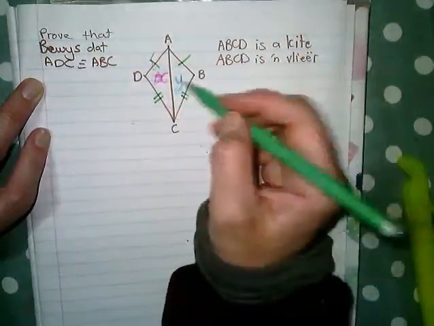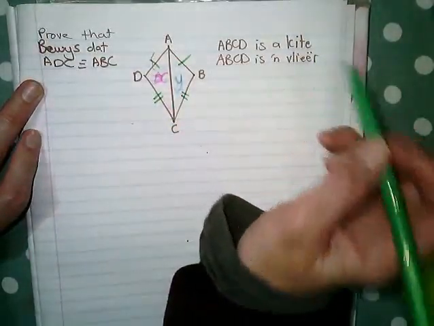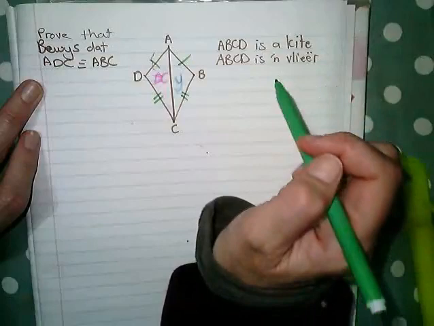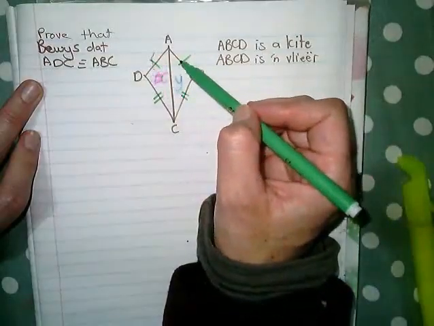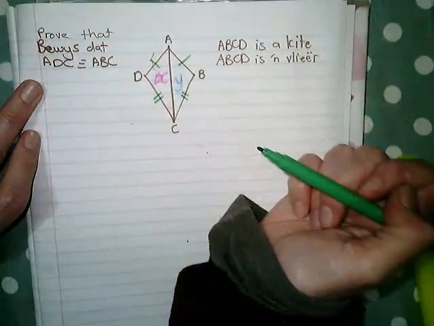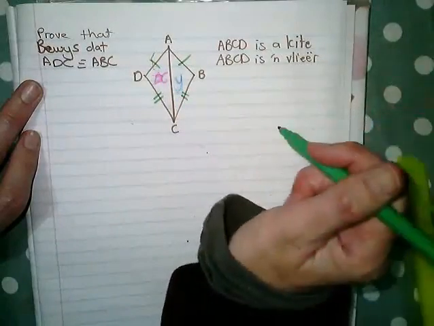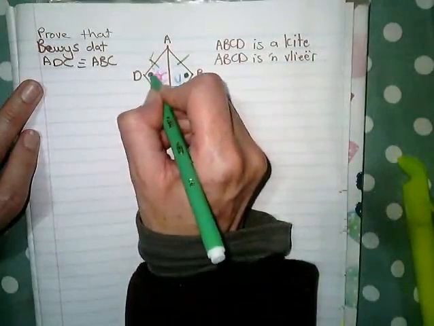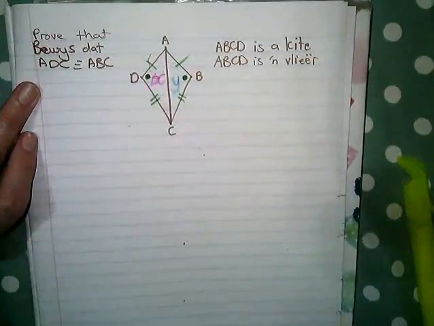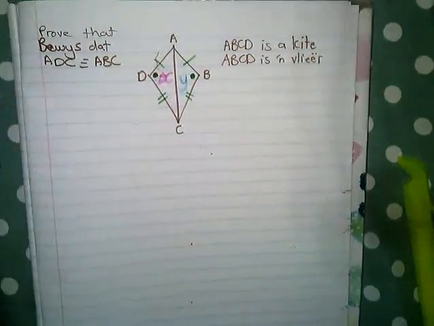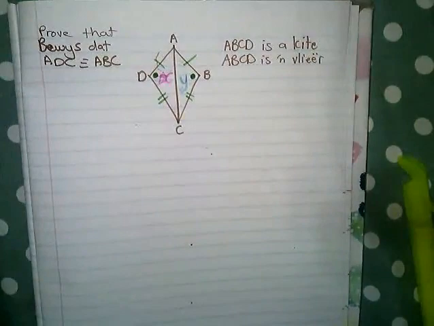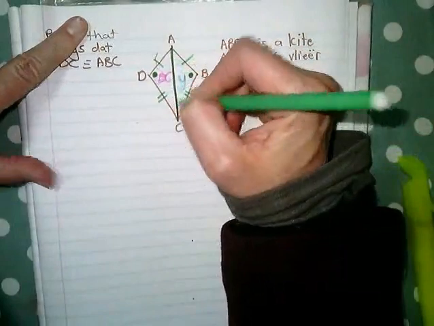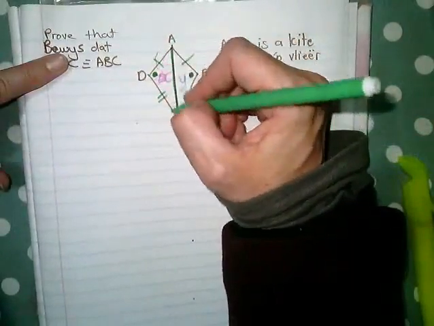Omdat ons weet hier is 'n vleer en ons ken die eienskappe van 'n vleer, weet ons dat daai twee sye outomaties gaan gelyk wees en daai twee sye gaan outomaties gelyk wees. Also, what we know about a kite is that those two opposite angles are equal. What we also know is that side AC for ADC is equal to AC of ABC, right?